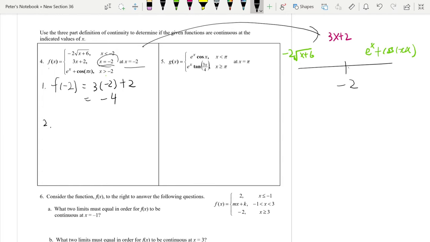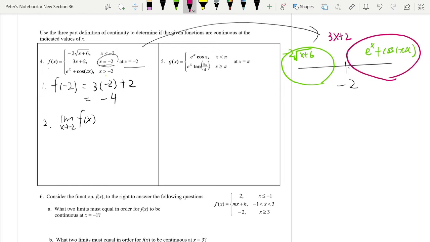You've got to find the limit value. So limit of f of x as x approaches negative 2. What do we have to find? Always, if you want to find whether the limit exists or not, especially with a piecewise function, you definitely have to check the left-hand side limit, and then you also have to check the right-hand side limit. So what's the left-hand side limit going to be?